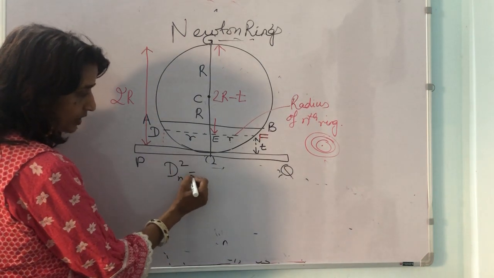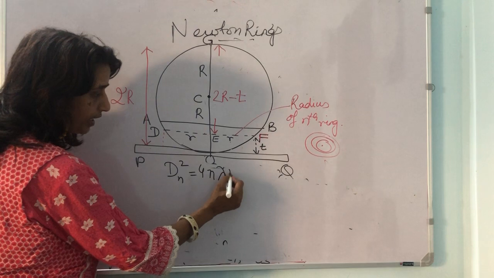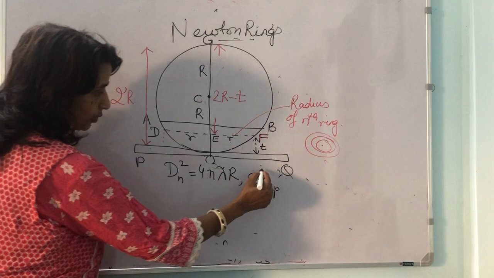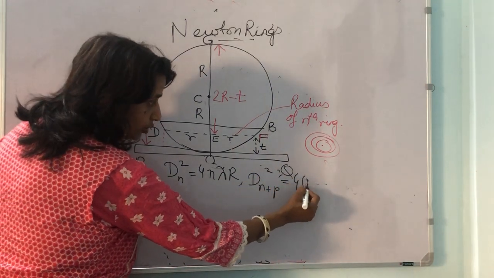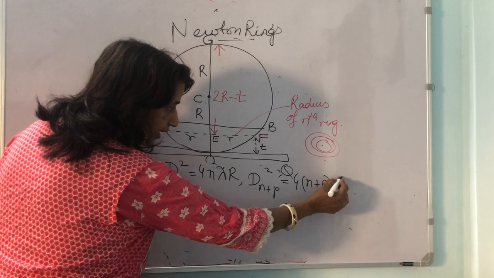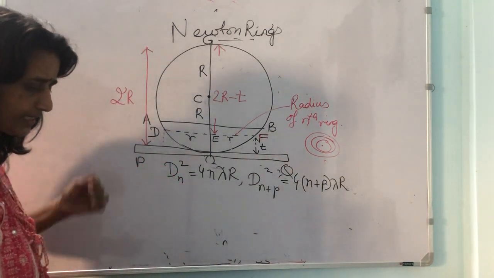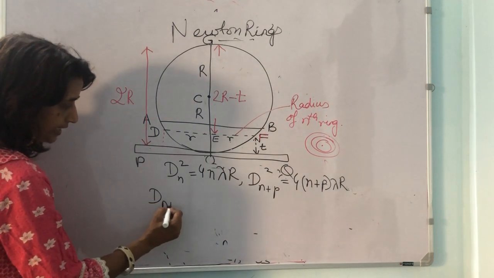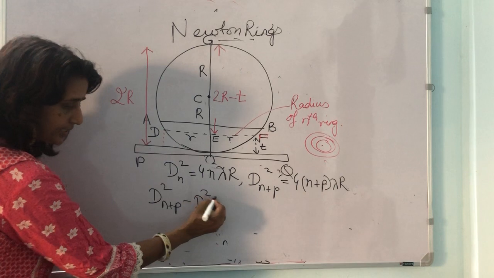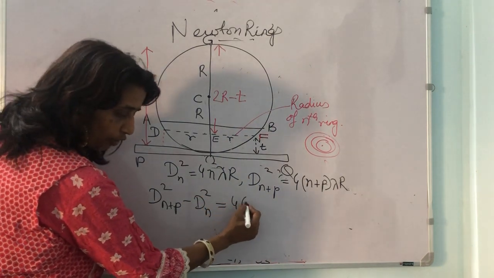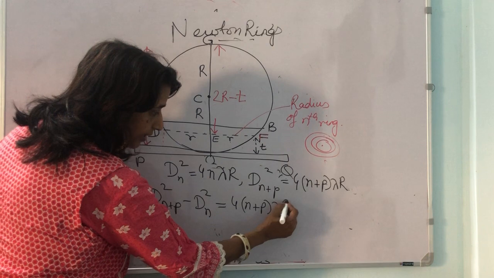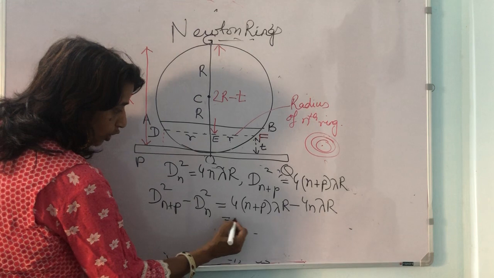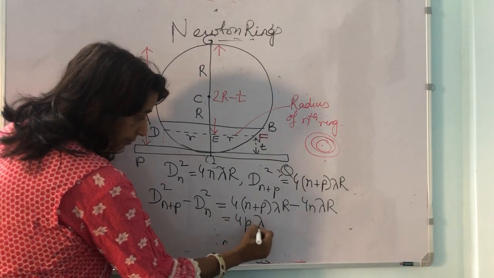That is, dn square is 4n lambda R, and d(n+p) square is equal to 4 into (n plus p) lambda R, where p is any number of the fringe which you are studying. Subtract them: d(n+p) square minus dn square is equal to 4 into (n plus p) lambda R minus 4n lambda R, which is equal to 4p lambda R.